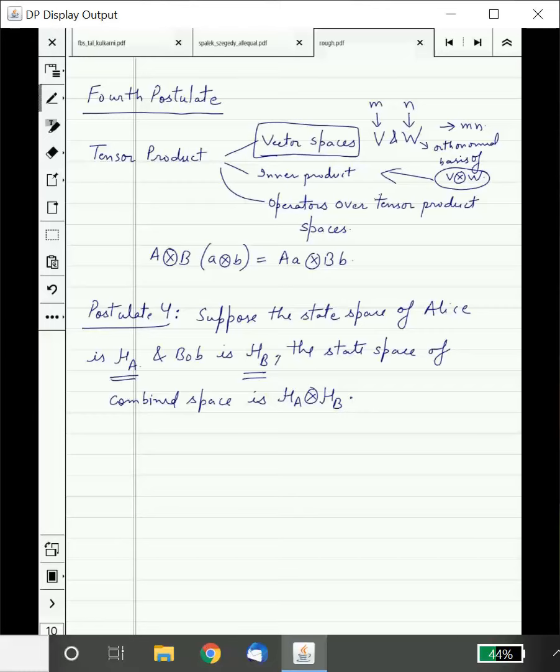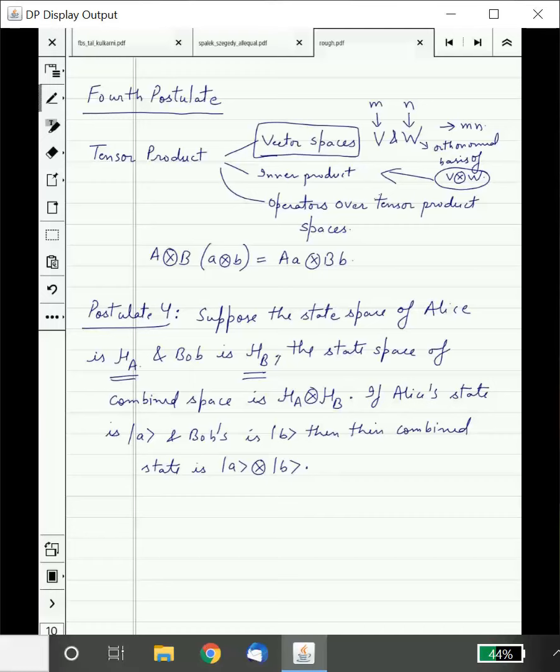If Alice's state is vector ket A and Bob's is ket B, then their combined state is again simply A tensor B. Notice here we are just giving a description one way.